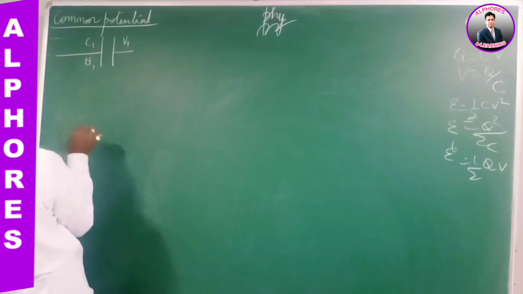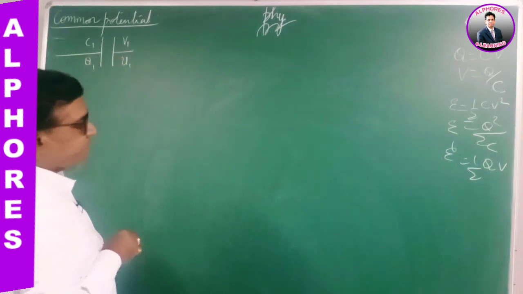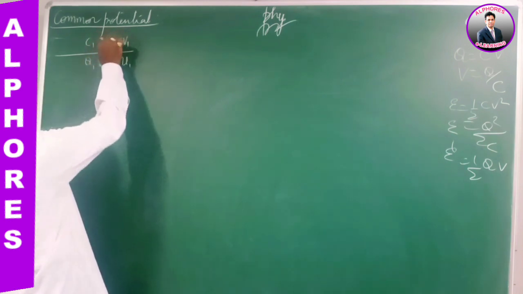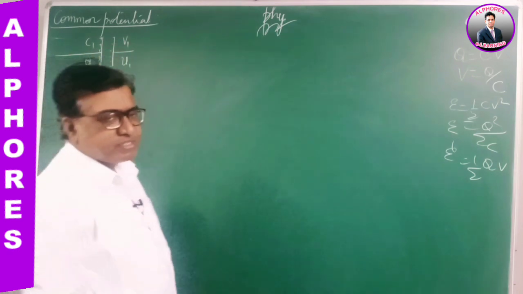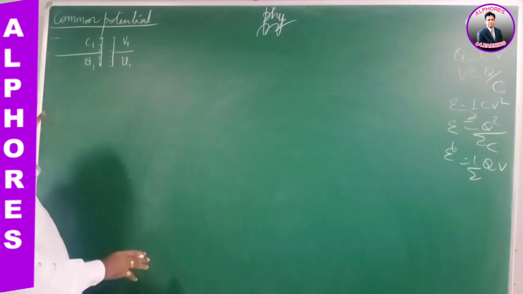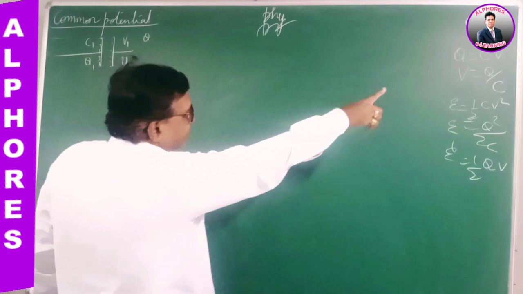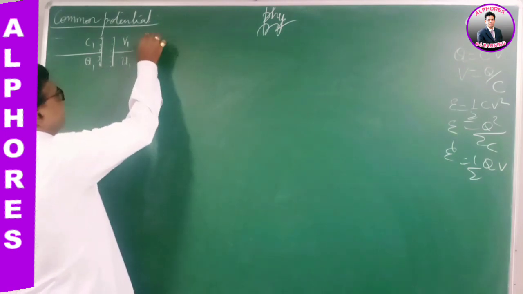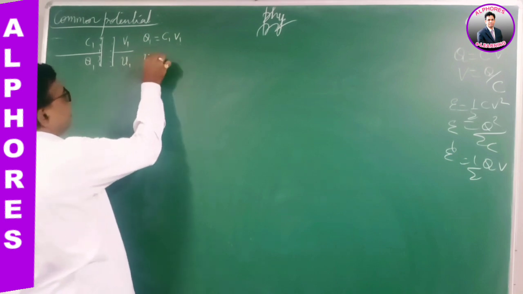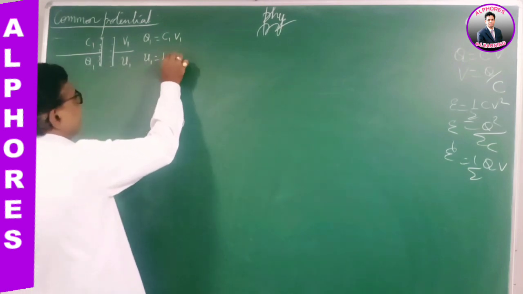So the charge on it is Q1 and the energy is U1. From the formulas, the charge on it Q1 is equal to C1 V1, and the energy U1 is equal to half C1 V1 square.